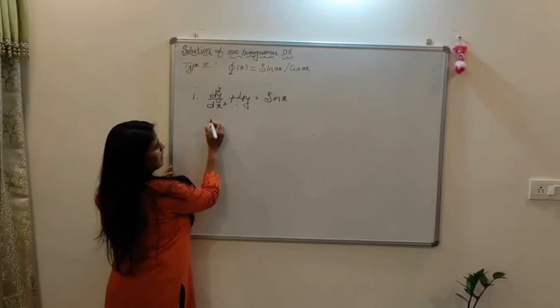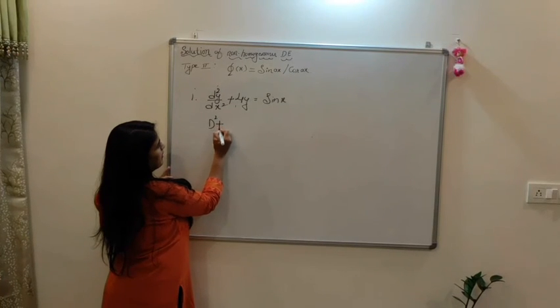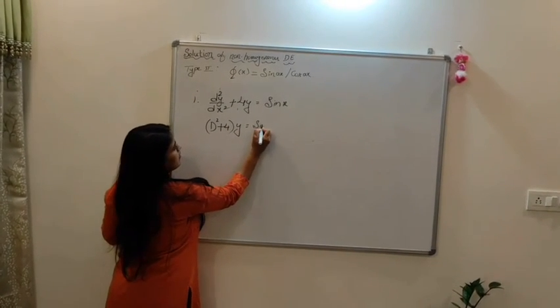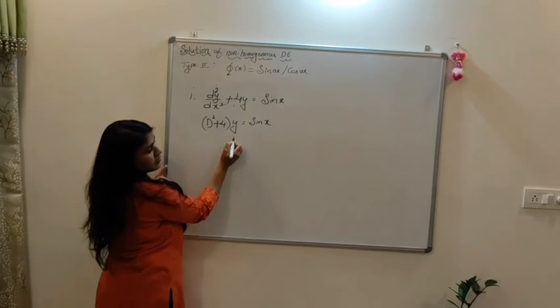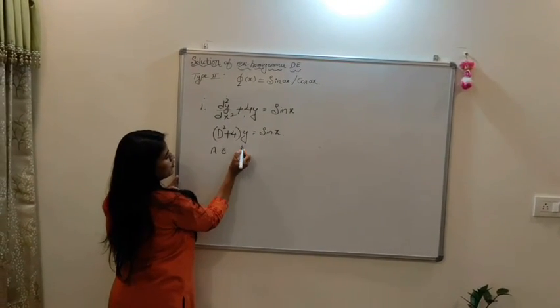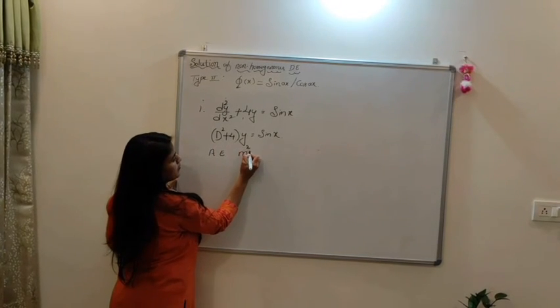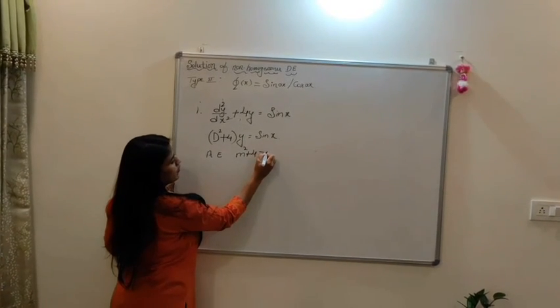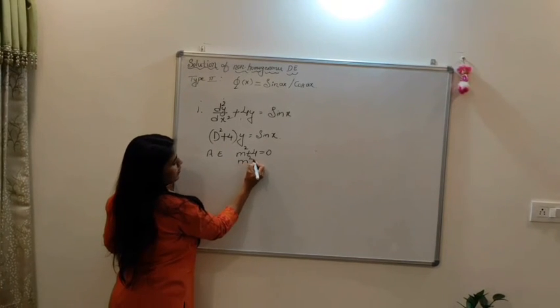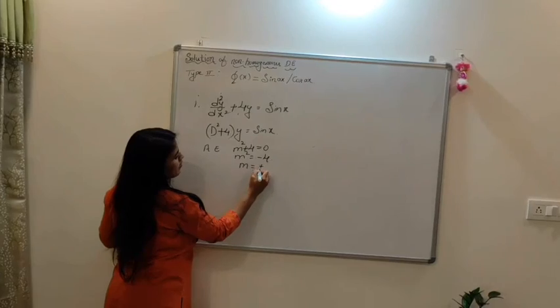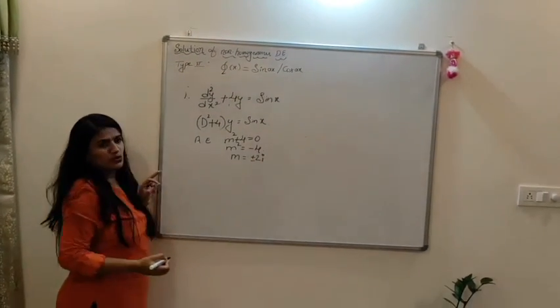So first I write the auxiliary equation, D square plus 4 of y is equal to sin x. For the auxiliary equation we take the coefficient of y as 0, that is m square plus 4 equal to 0. m square is equal to minus 4. So m is equal to plus or minus 2i.